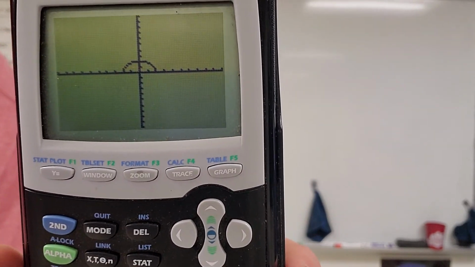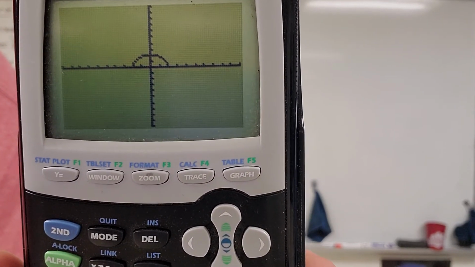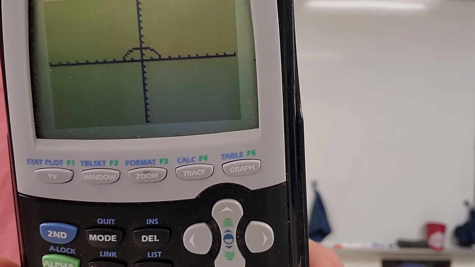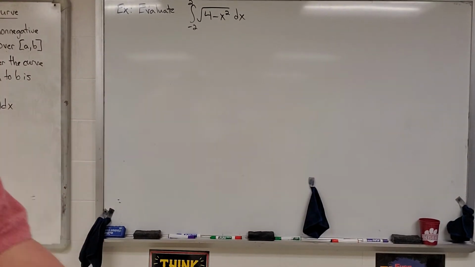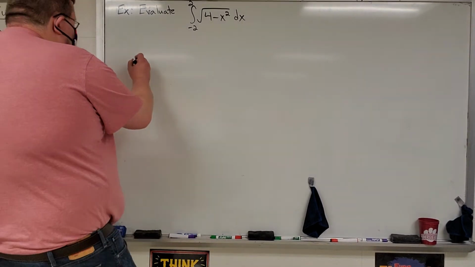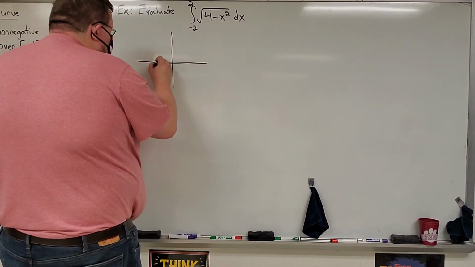Okay, it starts on the x-axis at -2, it goes to +2, and it goes through the y-axis at 2. So if I graph that, just a rough sketch of that real quick.